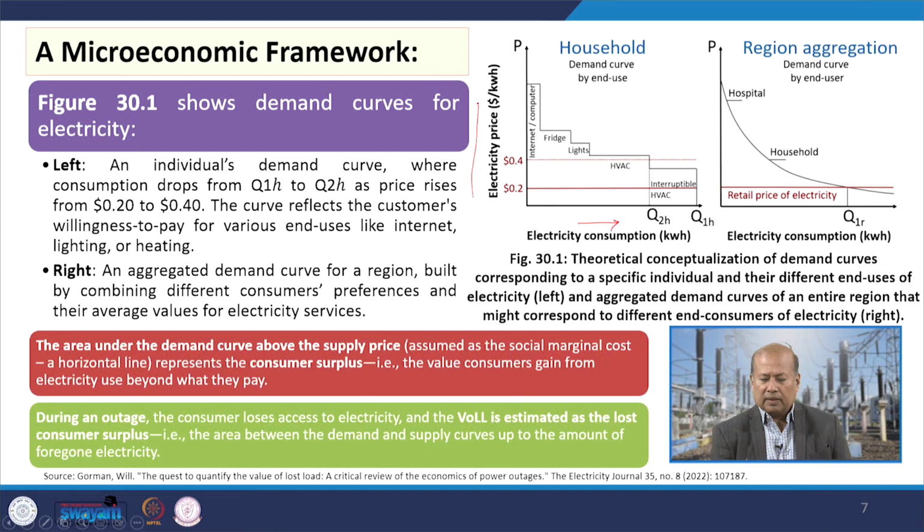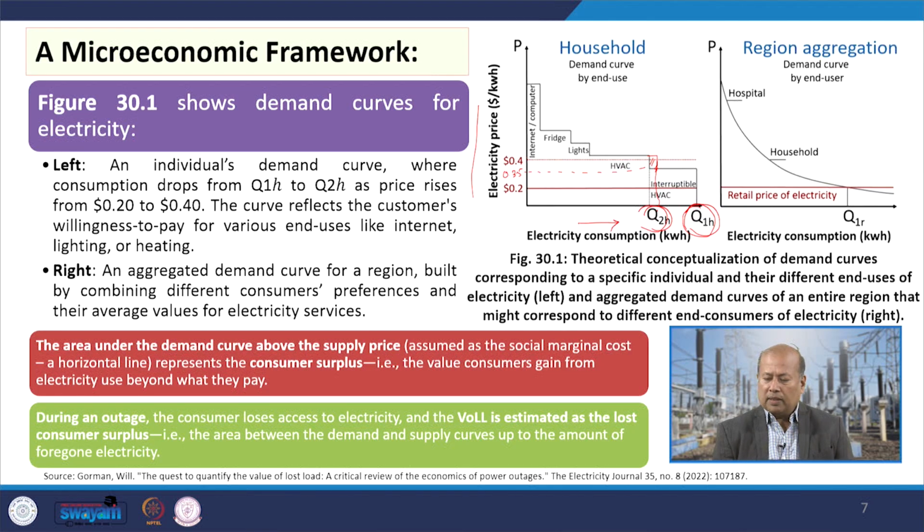This is how the prices keep on dropping, in dollars per kilowatt hour, and the cost from Q1 hour to Q2 hour has increased by a small value. Indirectly, I can say it would have been, let us say, 0.35 probably, and when you move from Q1 hour to Q2 hour you have to pay 0.4.